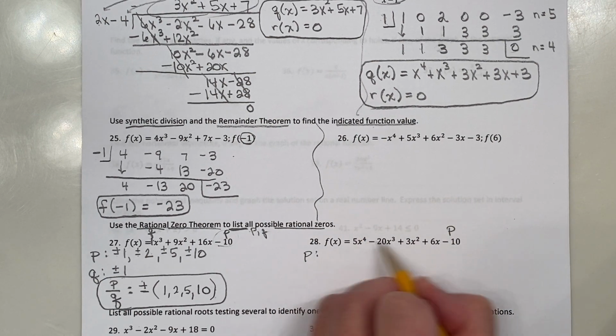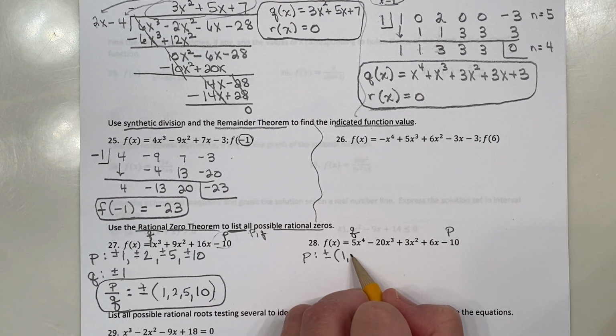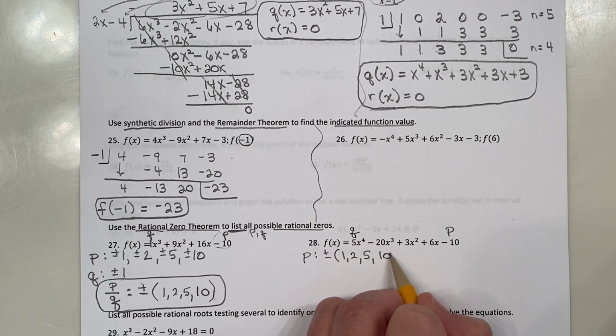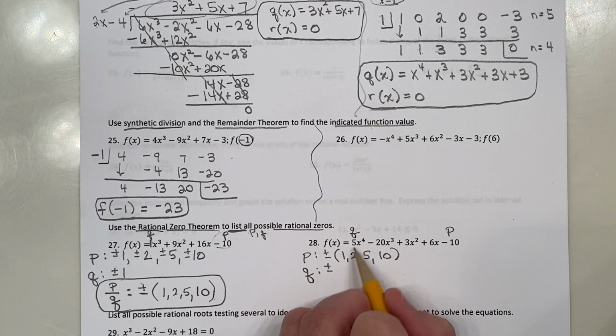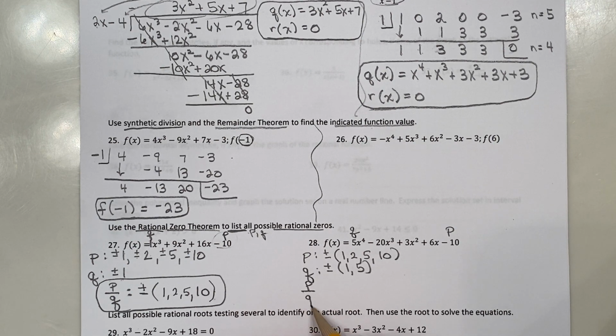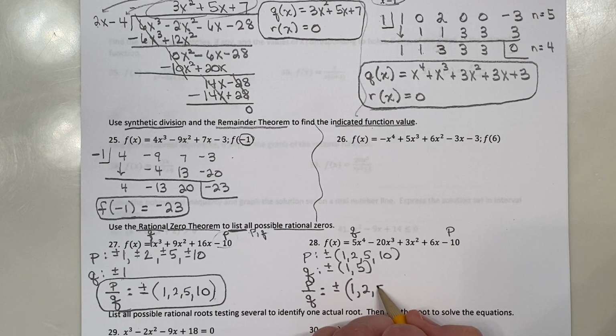Okay, here's P, it's the same number, -10, but now Q is 5. All right, the factors of 5 would be 1 and 5. Now let's create our P divided by Q list. All right, we're going to take all the P values, divide by 1, so that will generate just the same P list.